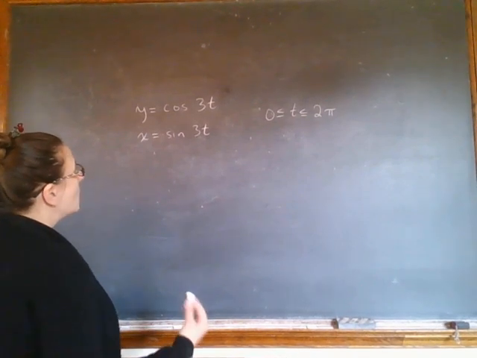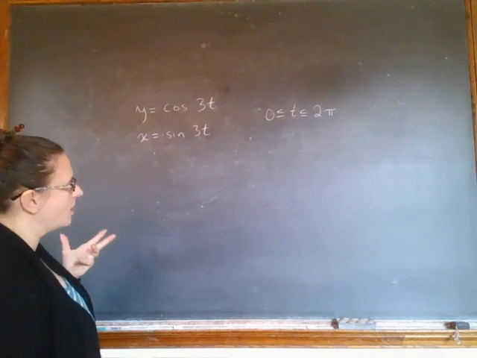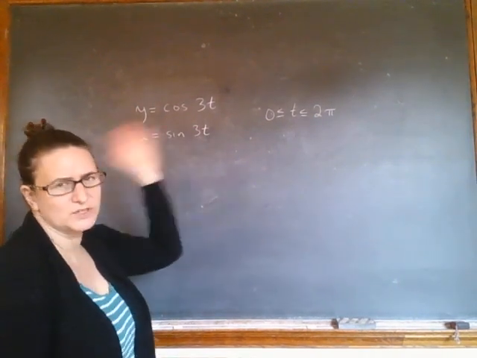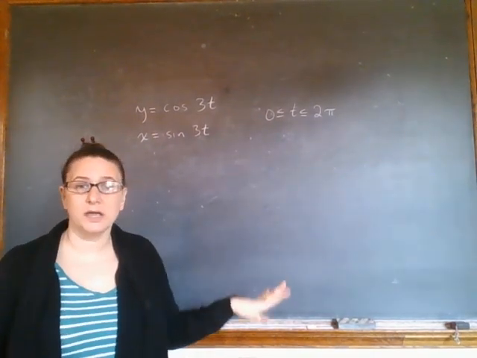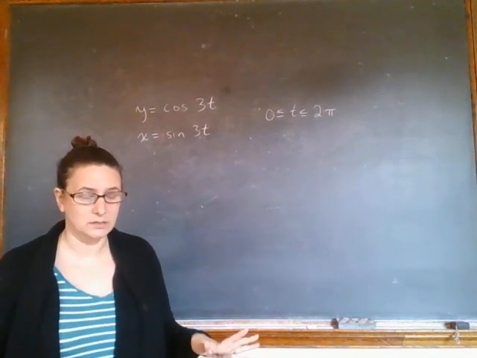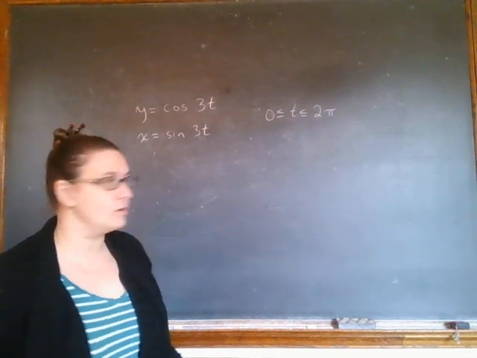In any case, what do I do with something like this? It's a little bit more complicated because you don't want to do the inverse anything. Definitely try to avoid, if it's got cosines, sines, tangents, something like that, trying to solve for t. You want to use some nice trigonometric formulas.